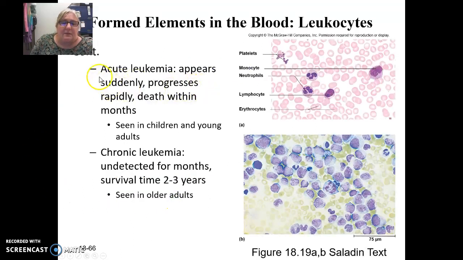So acute leukemias, and over here I just have two different textbook pictures to show what a normal blood cell slide would look like. This is what a normal blood smear would look like. Here is leukemia.